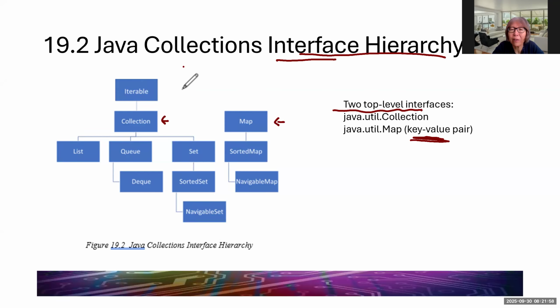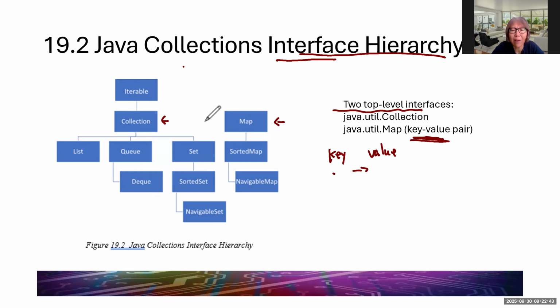A collection is like a collection of animals, or a collection of books. The map concept is that you have a group of animals, but each animal also has something to keep track of it. We call it a key, and the animal is the value. Using the key, it's easy to find the respective value.